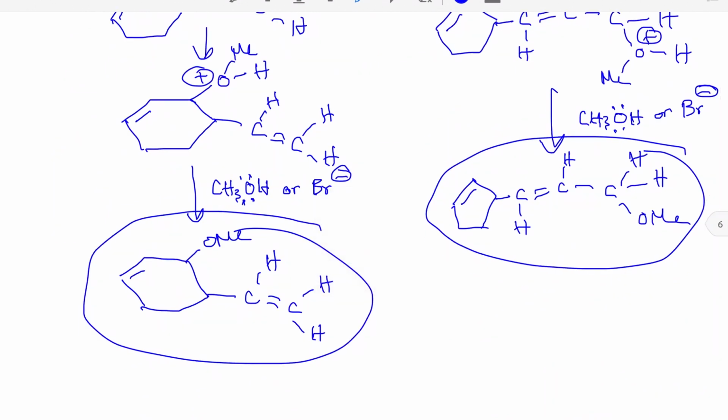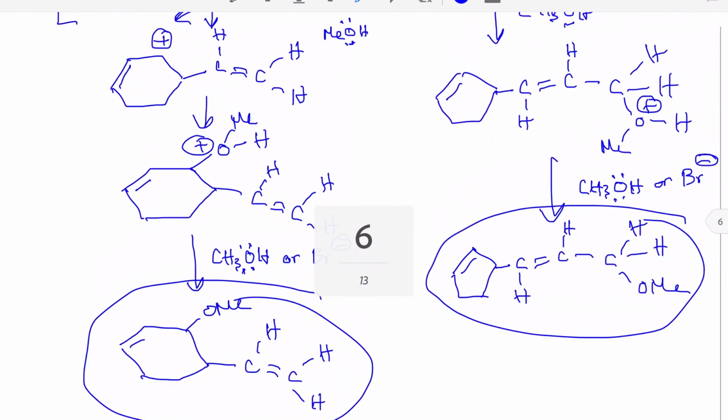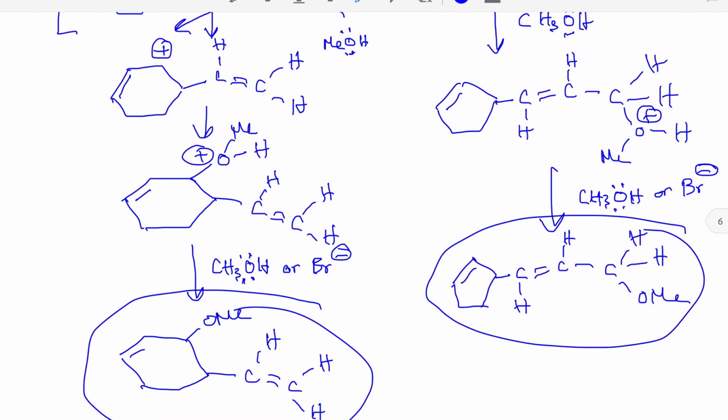And this group is unstable because of the positive charge present. In order to allow the charge to become neutral, the proton has to be removed, this proton. And that can be done in two ways. Either we can use another molecule of methanol, or we can use one of the bromine anions that was generated in the beginning of this process.